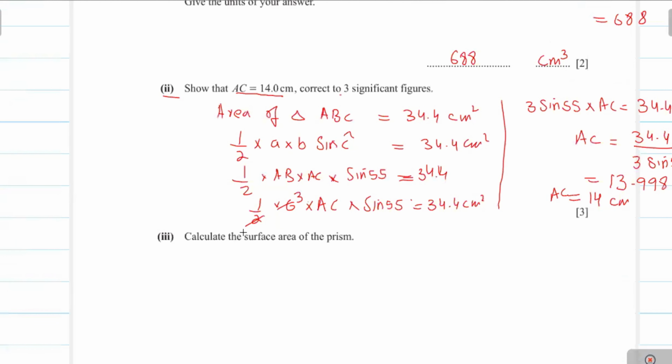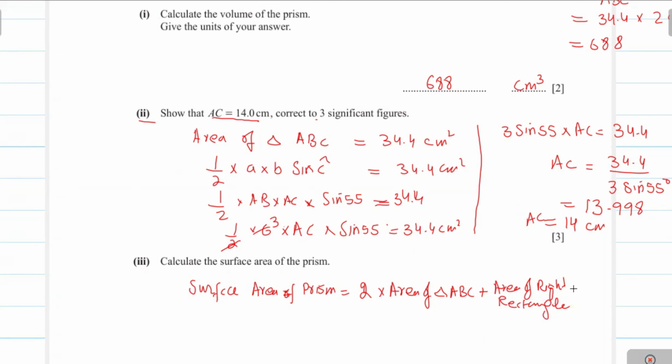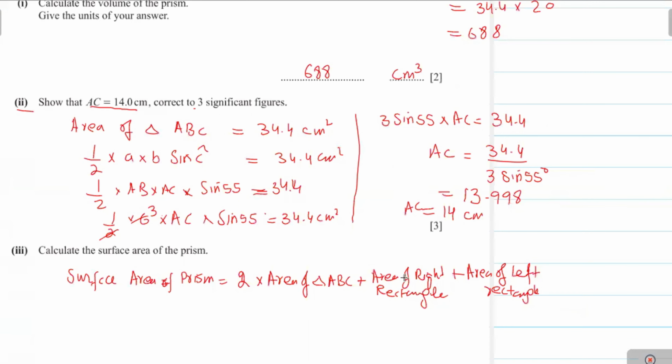Therefore, the surface area of the prism will be equal to 2 multiplied by the area of triangle ABC plus the area of the right rectangle plus the area of the left rectangle plus the area of the bottom rectangle.